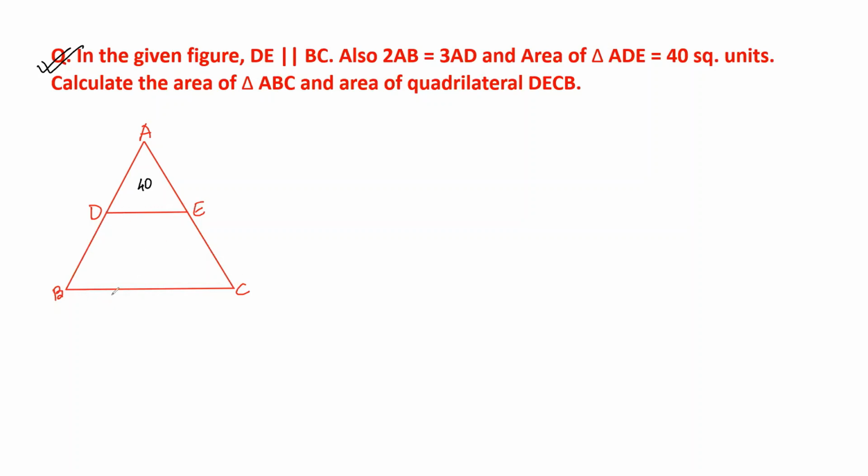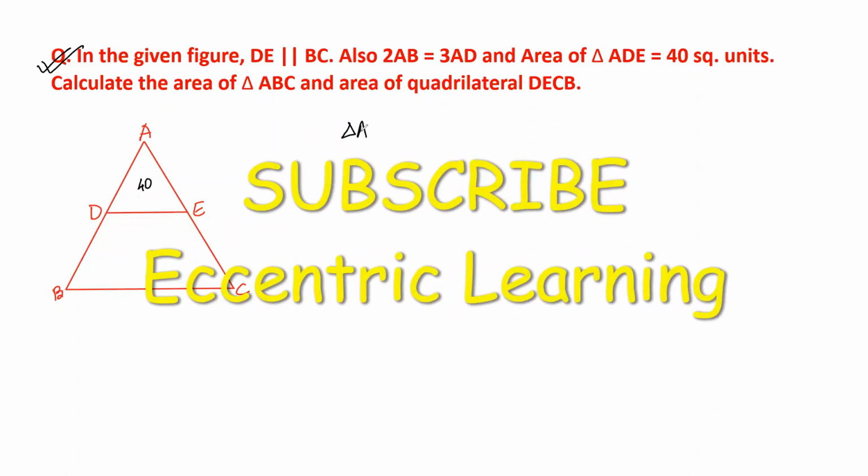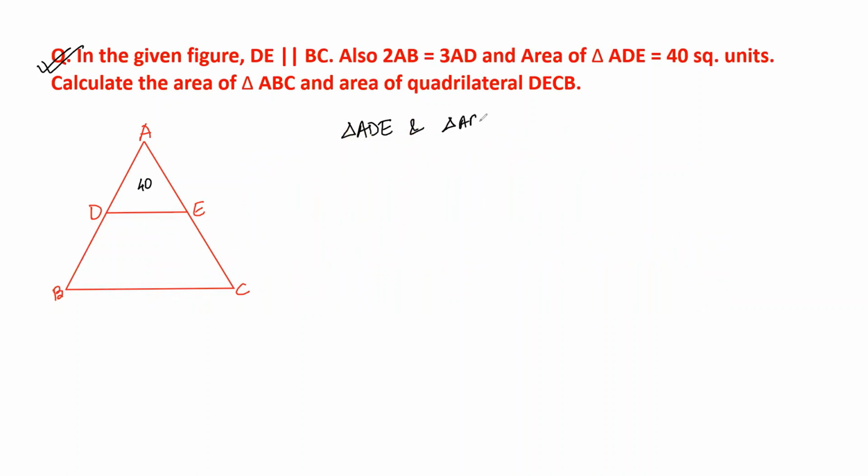Since DE is parallel to BC, if we consider the triangle ADE and triangle ABC, these two triangles would be similar triangles. Because if DE is parallel to BC, then this angle would be equal to this angle as they are corresponding angles.